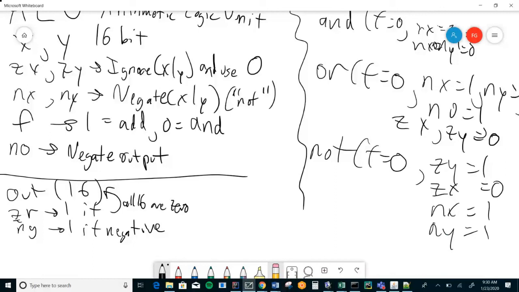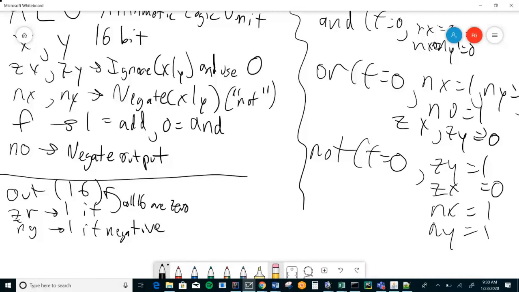Phrased slightly differently: by negating Y, we make it all ones, and 1 is the identity element for the AND operation. That is, whenever you AND something with a 1, it just stays as whatever it was, right? So if we make Y all ones, and we AND all those ones with our negated X, X is preserved as it makes its way through the ALU.